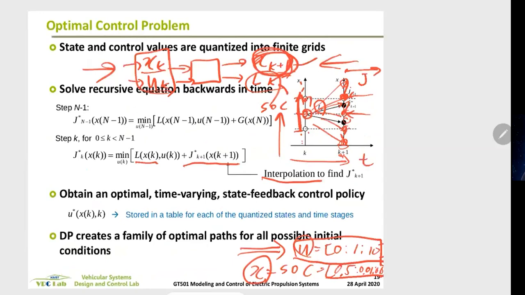So just keep in mind when you try to apply DP in real world optimal control problems, you need to discretize and formulate the optimal control problem so that DP can be applied, but this can be quite tricky.